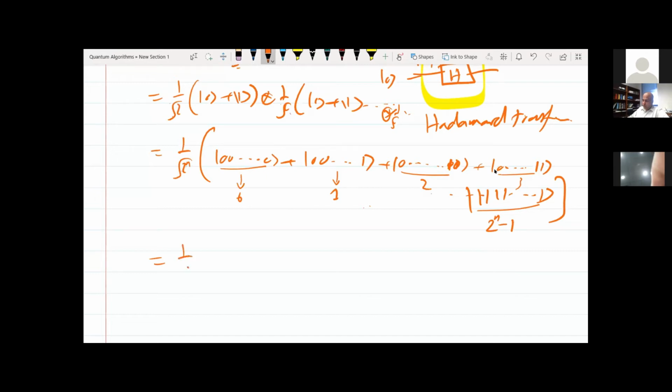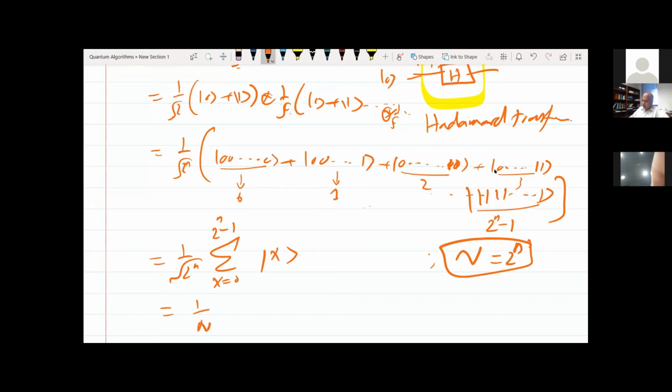So I have 1 over the square root of 2 to the n, sum over x going from 0 to 2 to the n minus 1. Or if I define my capital N to be 2 to the n, then I can write it as 1 over square root N, sum over x from 0 to N minus 1 of x, which is nothing but 1 over square root N, (0, 1, 2, 3, 4, all the way to N minus 1) states.